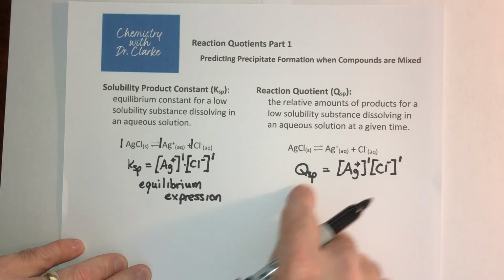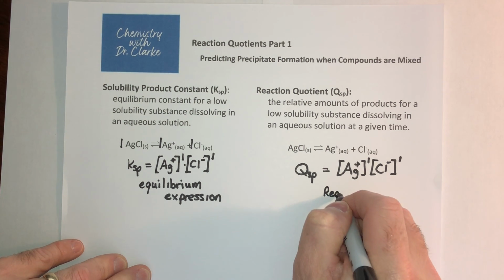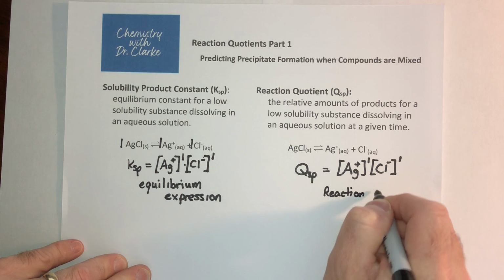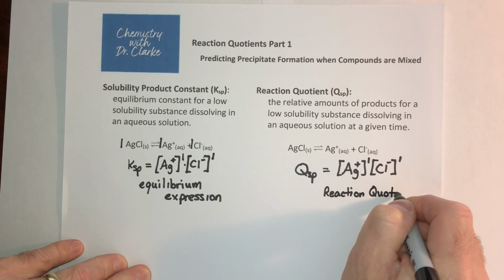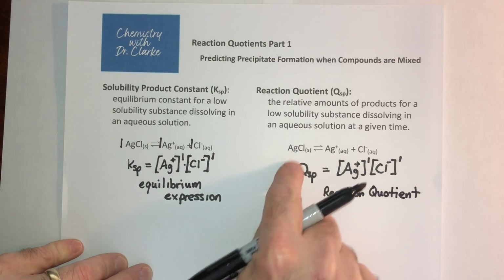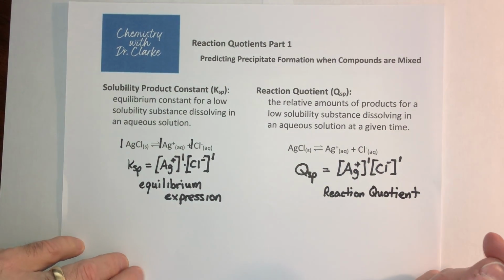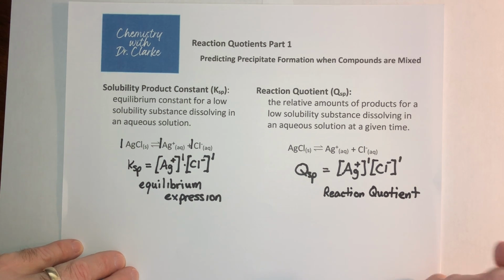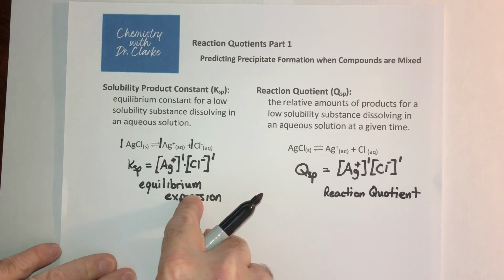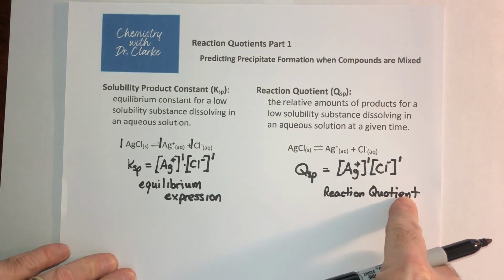And instead of calling this an equilibrium expression, we just call the whole thing our reaction quotient. Now, really the reaction quotient is this, but often we refer to the entire equation as our reaction quotient as well. Okay? This one here only occurs at equilibrium. This one here occurs at any time you want.